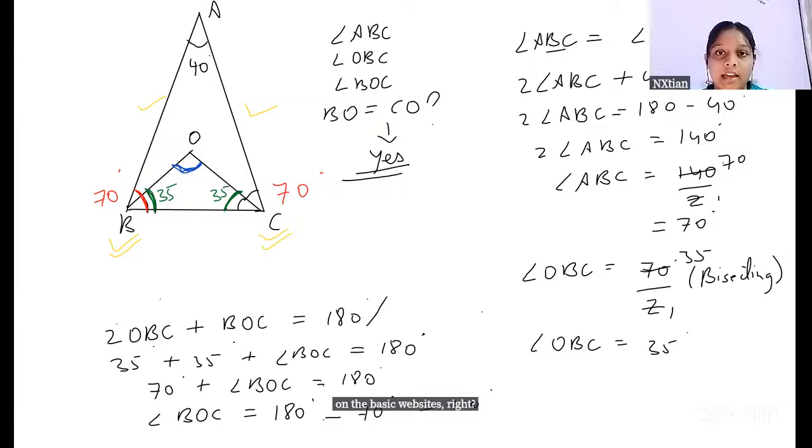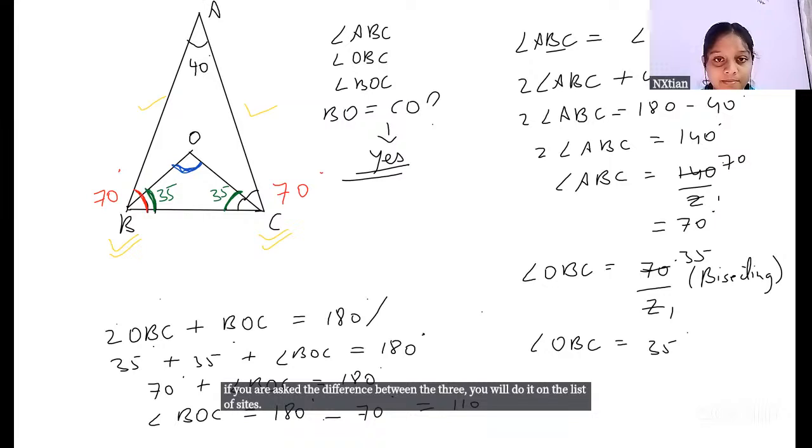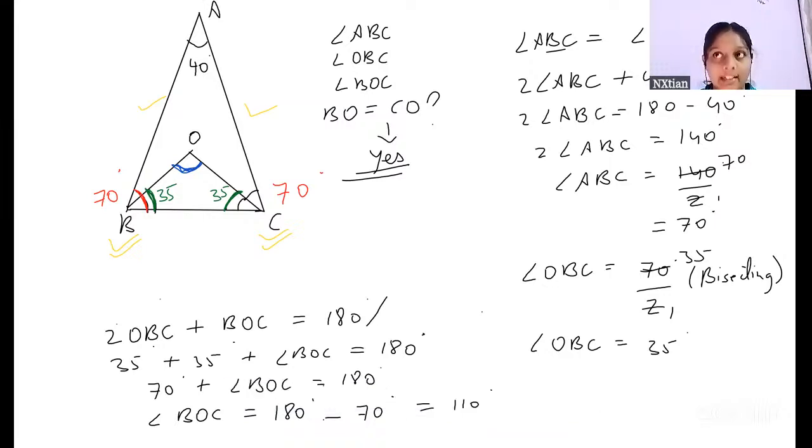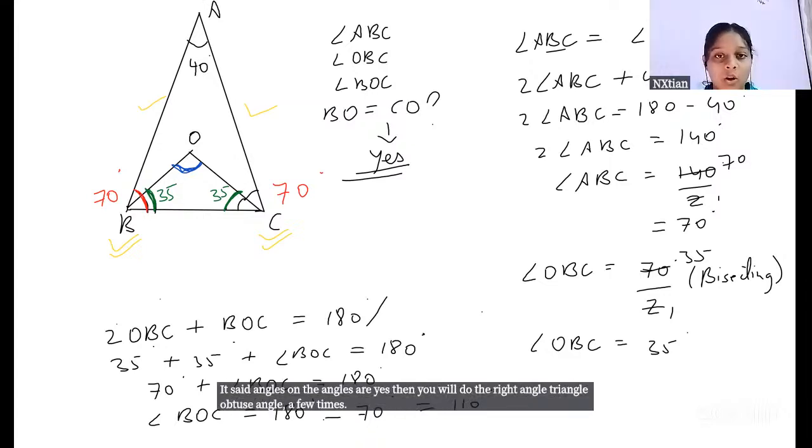Right. I haven't really done the lines of symmetry with you in the triangles. So if you are asked the difference between the three, you will do it on the basis of sides. And if it said on the basis of angles, then you will do the right angle triangle, obtuse angle, acute angle, all that.